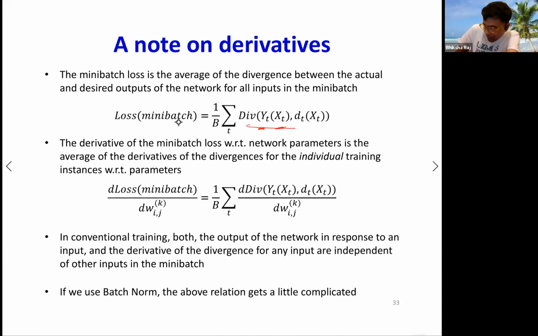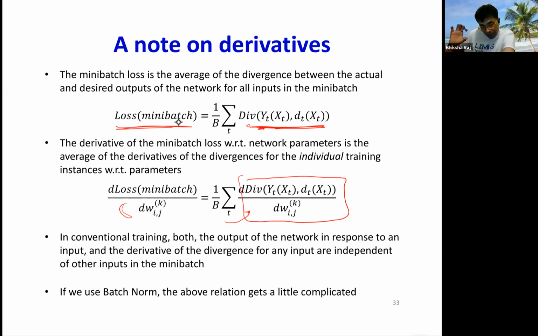And so each of these divergence terms is independent. So when I compute the derivative of this loss with respect to any parameter, I can simply move the derivative into the summation, and I can compute the derivatives of the divergences for the individual training instances independently of what is being done with the remaining training instances.